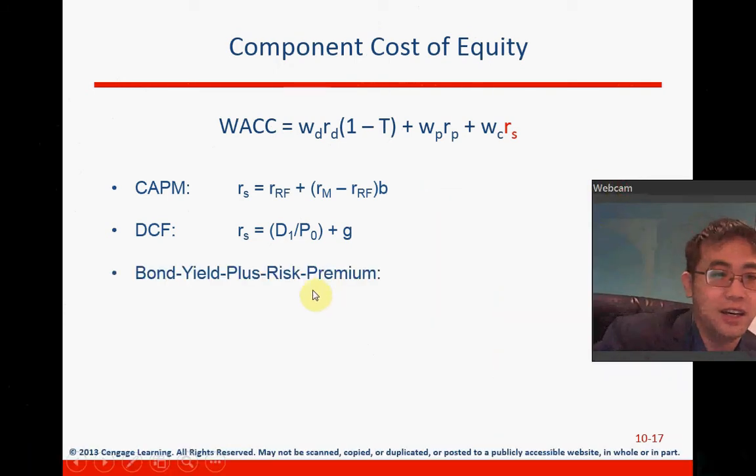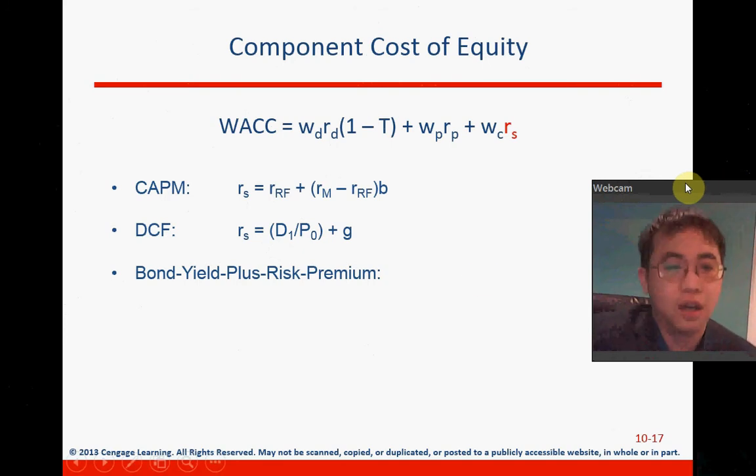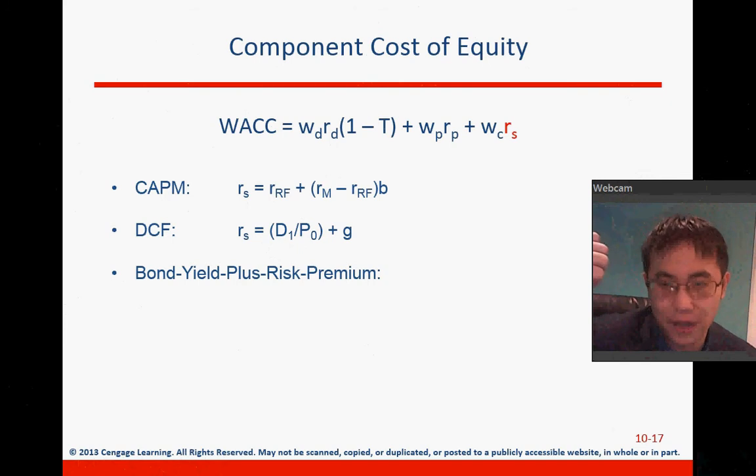All right. And another method here is bond yield plus risk premium. So it's plus, not minus, because for the same company, the stock is riskier than its own bond, as I showed you in the last video of this module. Therefore the return for the stock should be higher than the return of the bond of this company.